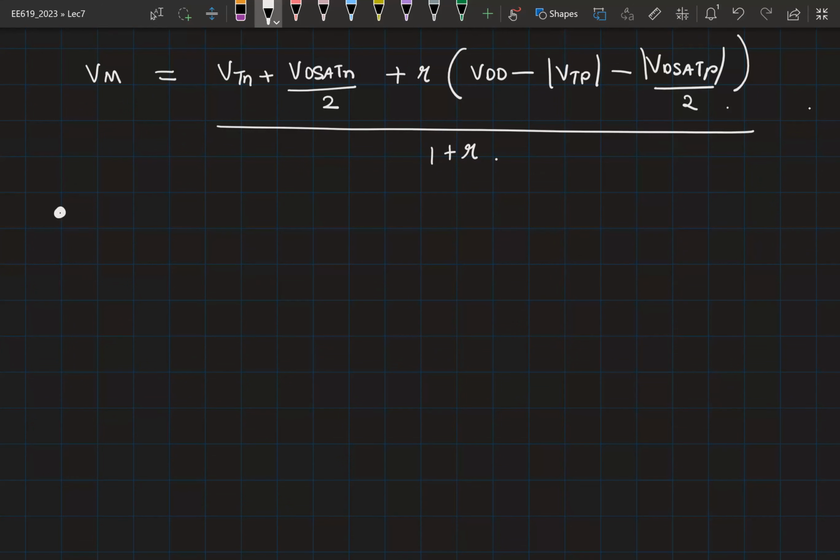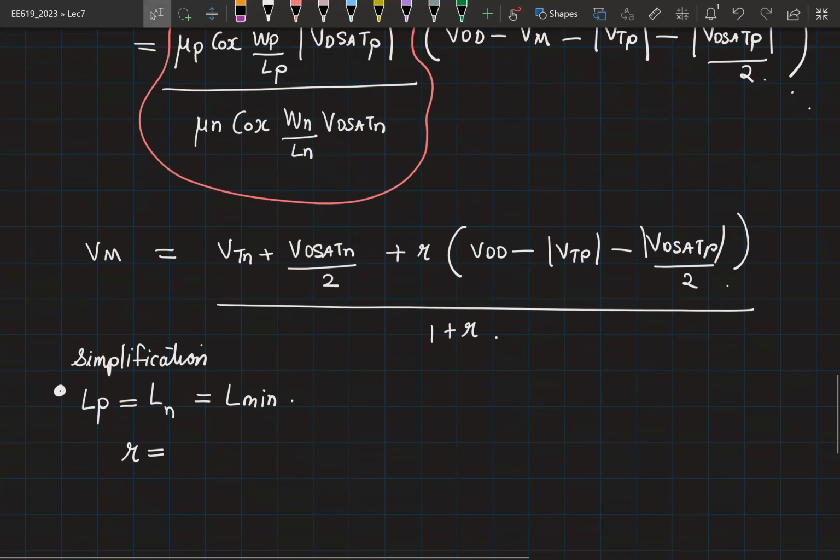So the first assumption we are going to make is to assume that the length of both the transistors, LP and LN, will be equal to the minimum length, right? Which means the expression for R is now a little simplified. What is the expression?